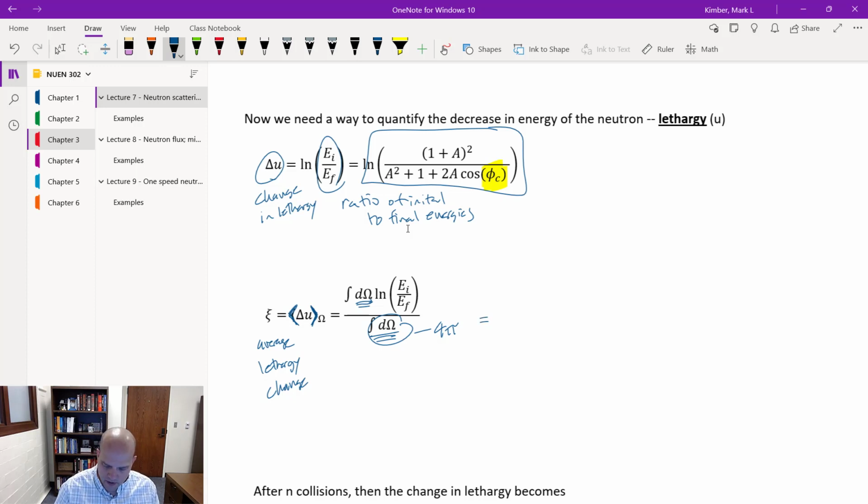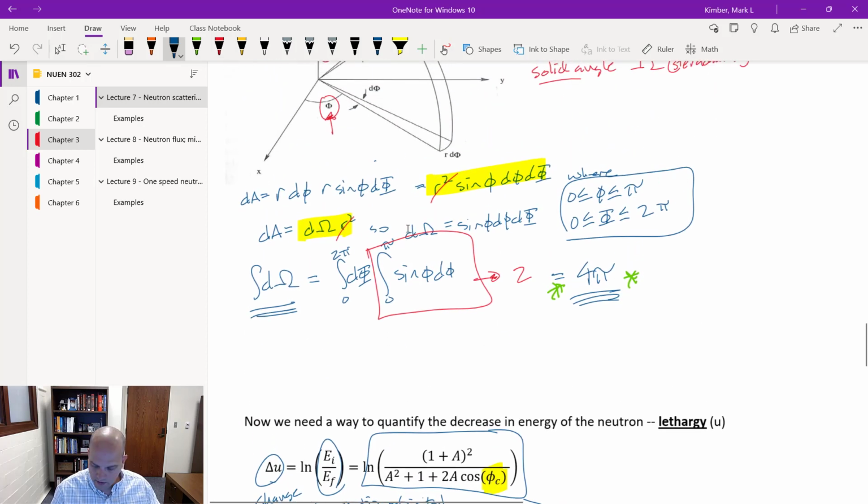And so this equals 1 over 4 pi, integral from 0 to 2 pi, and then from 0 to pi of the rest of this, which we're going to plug in there. So that'll be sine phi sub c, just like we did up here, right?